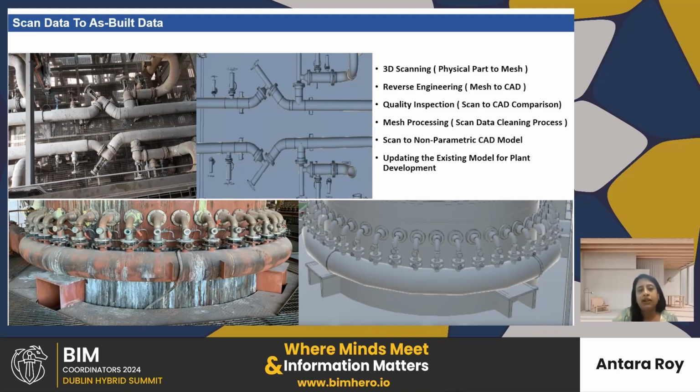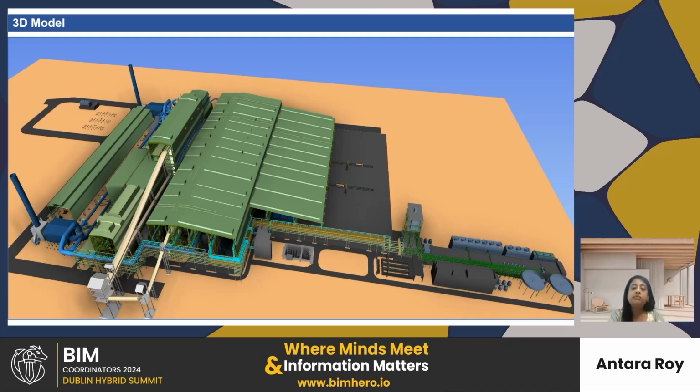So this helped us. Now I'm showing you one of the projects which is greenfield, a steel melt shop. We are creating this steel melt shop for one of our customers. Here, you see many complicated parts. Without a 3D model, nobody can understand the detailed things inside the plant.